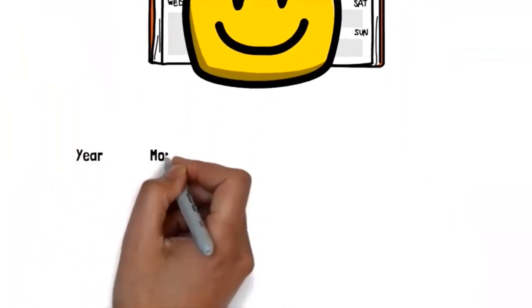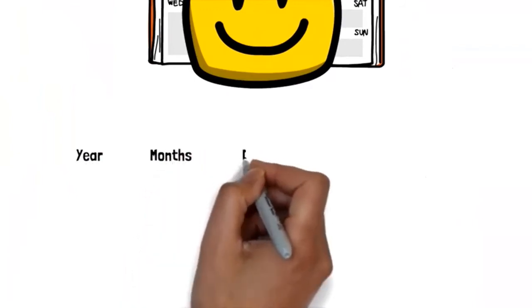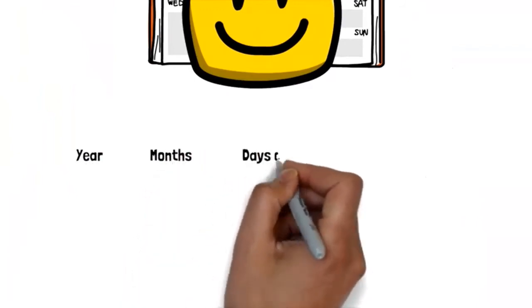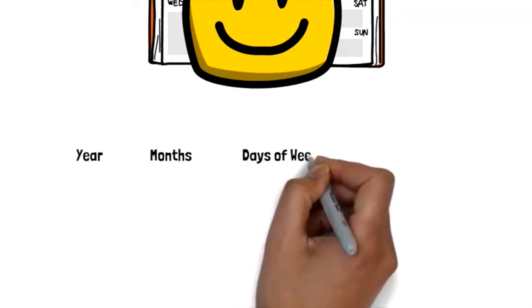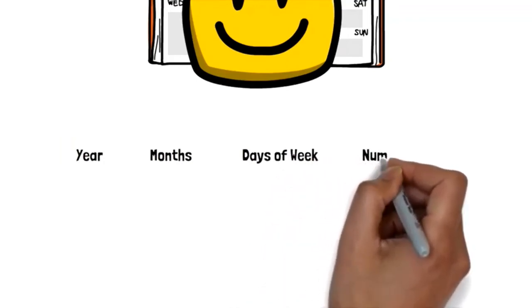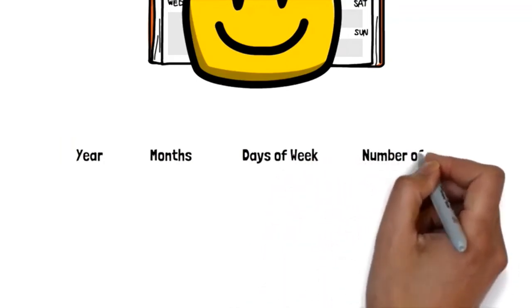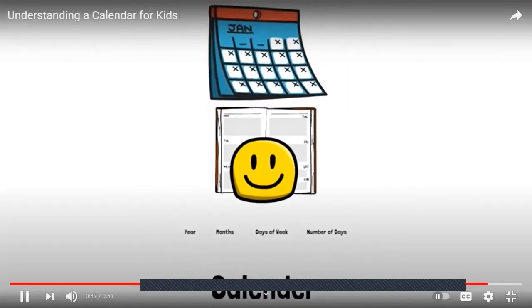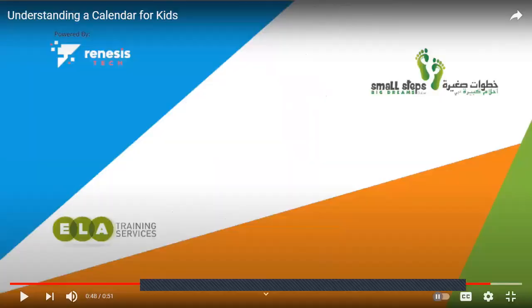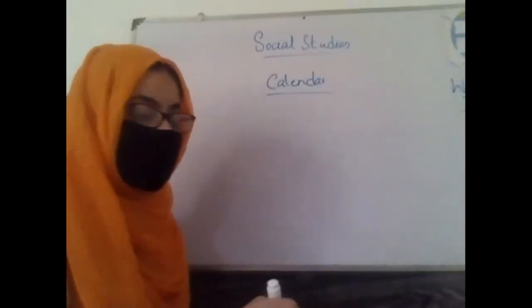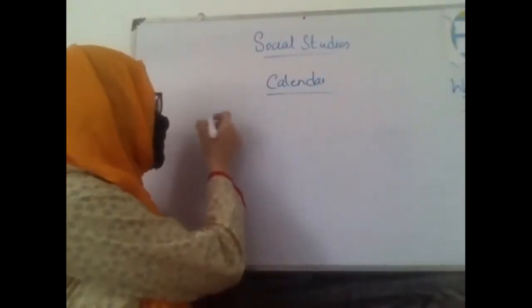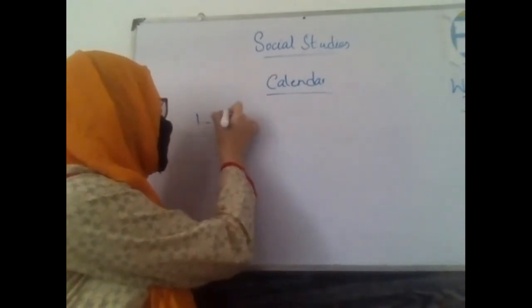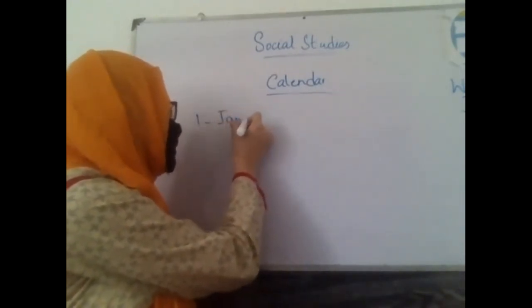A calendar shows a year, months, days of the week, and number of days. That's actually a calendar. Okay, interesting. So they have told us again the things that the calendar shows, which we have already discussed. Now let's move toward the names of the months.